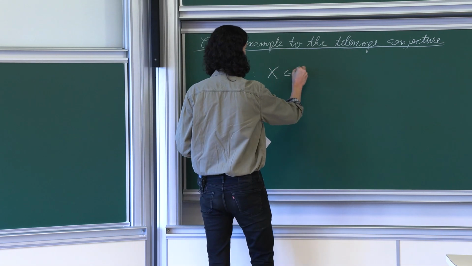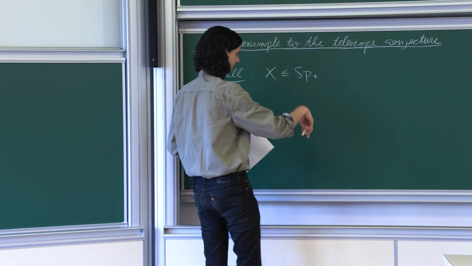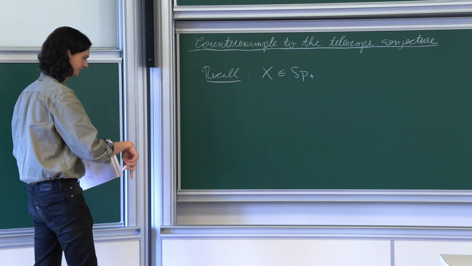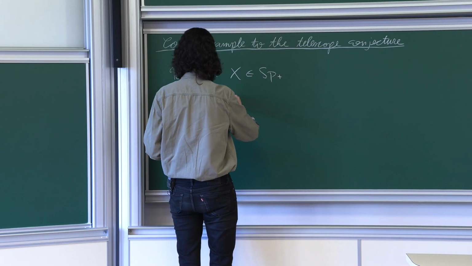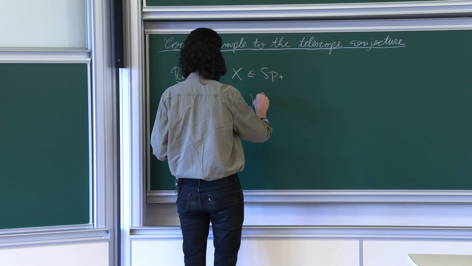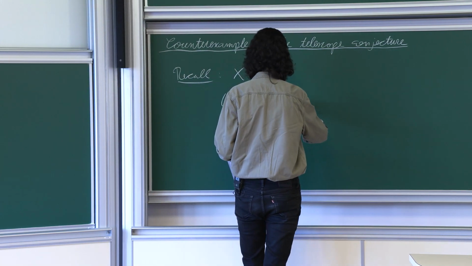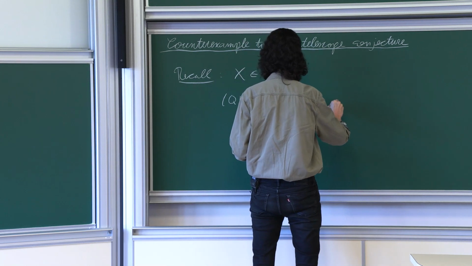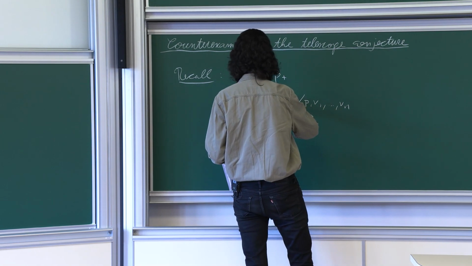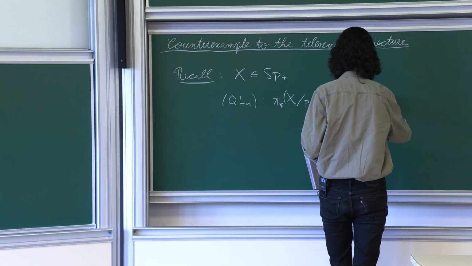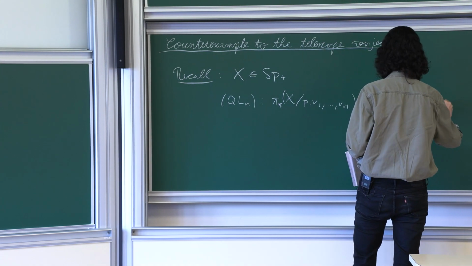if you have a spectrum whose homotopy in negative enough degrees is 0, then we had introduced this property QLN, which is that if you take x mod p, v1 up to vn, then the homotopy of that is 0 for star big enough.